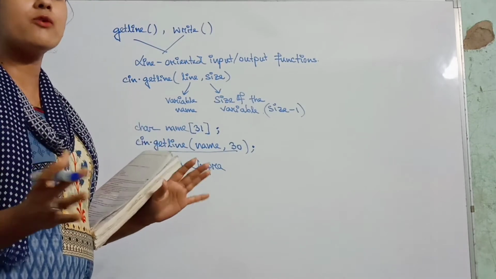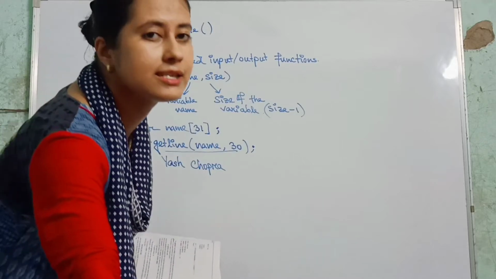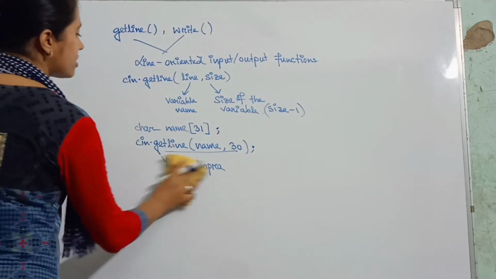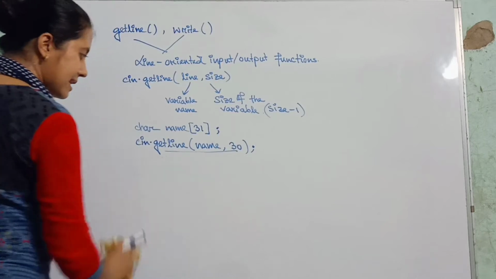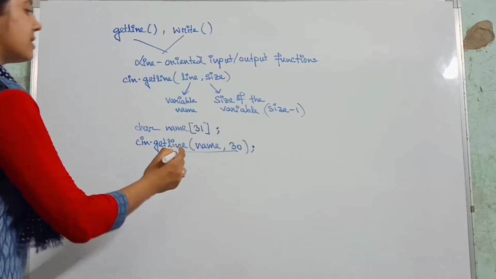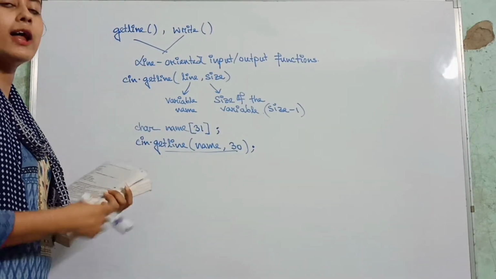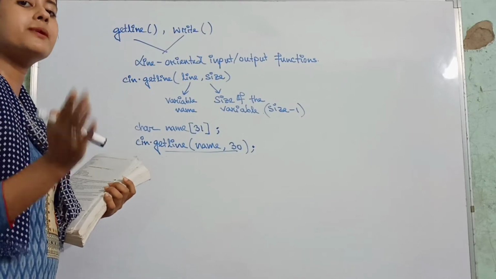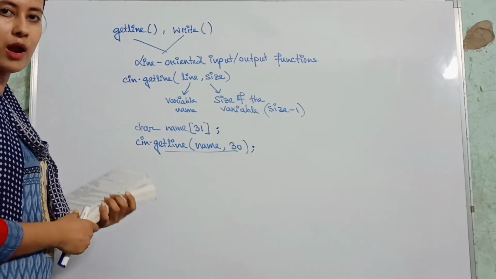But cin, cout, these things do not consider the white spaces. This you have to remember. If you write simply cin, then it will not read the white spaces. And if it doesn't read the white spaces, then there may be certain error in our program.